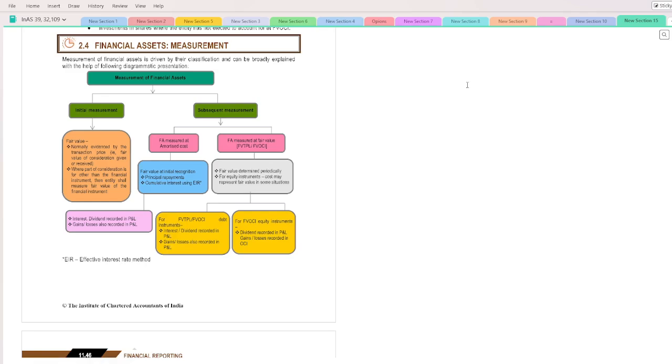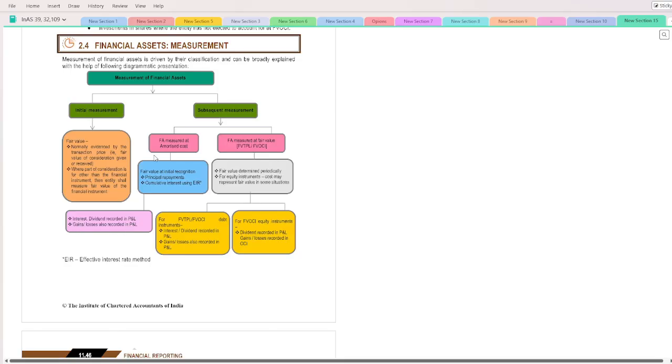Similarly, if there is any impairment and you are creating a provision for it, then the loss allowance you will be deducting. So the principal repayment and the cumulative interest using the EIR, the interest and dividend are recorded in the P&L, and the gain and loss is also recorded in the P&L.